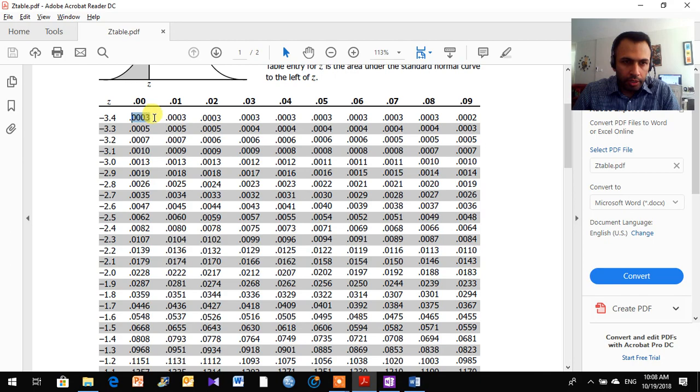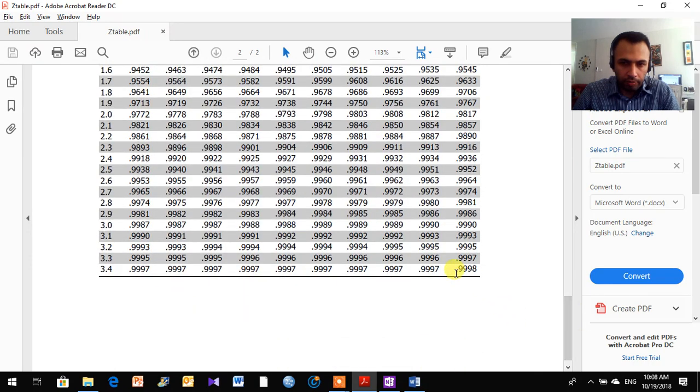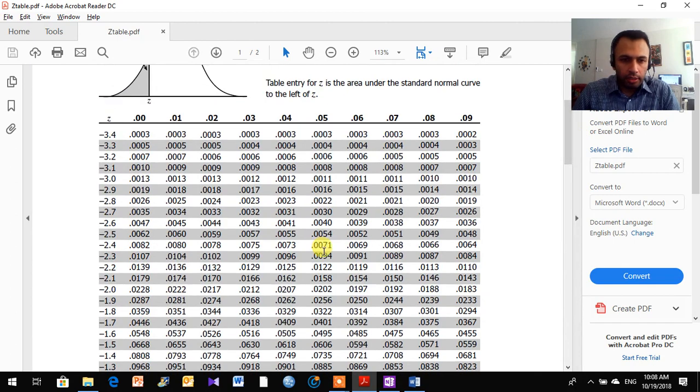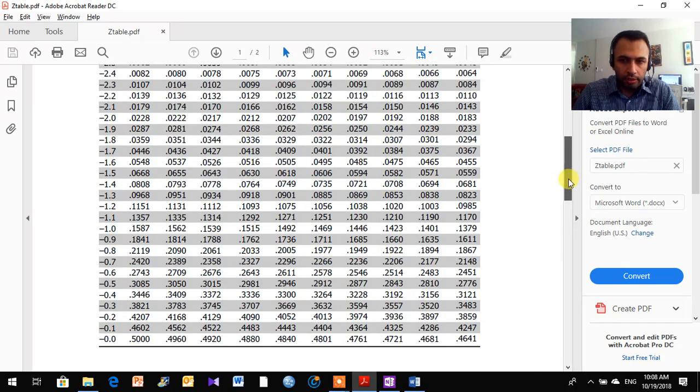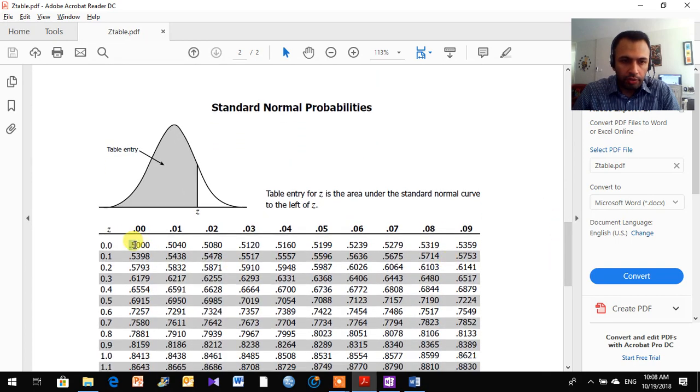So the probabilities are starting from very close to 0, and if we go all the way down, they become very close to 100%, so 0.9998. If you multiply it by 100, that becomes 99.98%. So you can see here, you can even guess by yourself that this 0.5000, that is 50%.